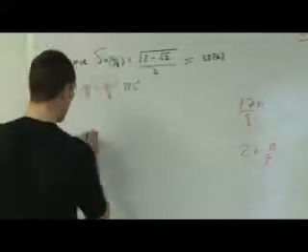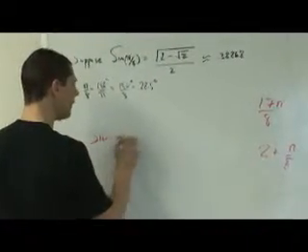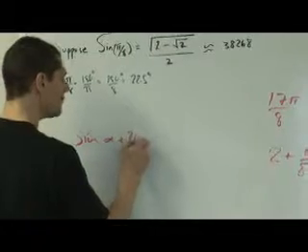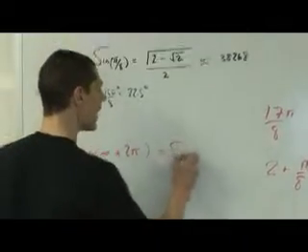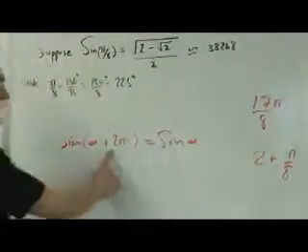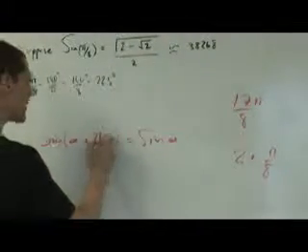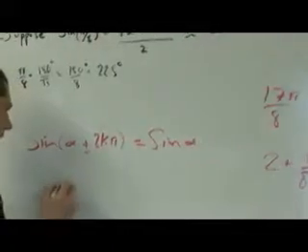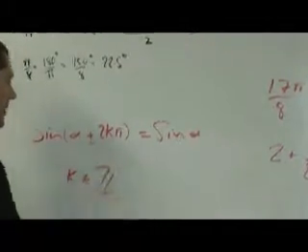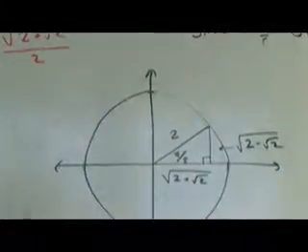It is a fact that the sine of any angle alpha plus 2 pi is equal to the sine of alpha. Remember we talked about that last time. Really, this is plus or minus 2k pi, where k is an integer.